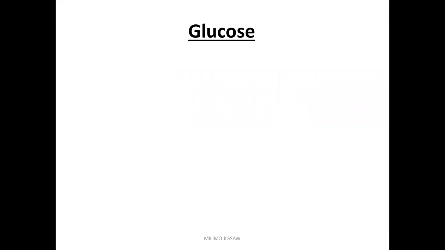So now, these are hexose sugars, and we find that the hexose sugars are a very important direct source of energy. During cellular respiration, they are oxidized. The most common respiratory monosaccharide is glucose.